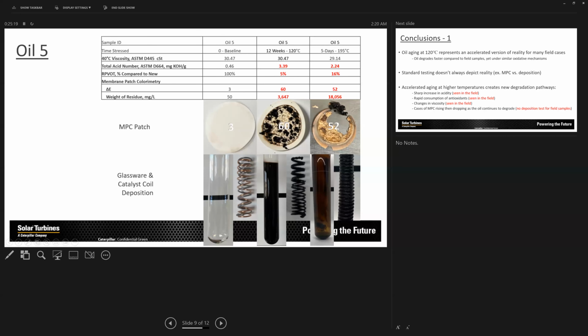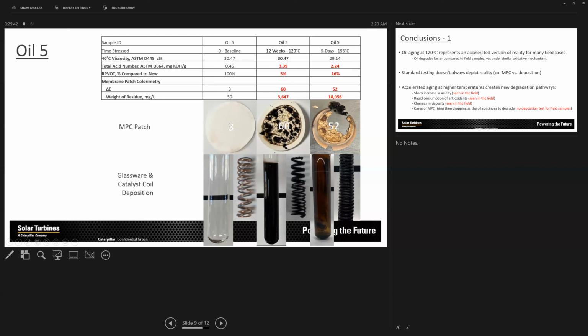But even more impressively, the amount of deposition that we see on the actual glassware and the catalyst itself actually tell us a pretty good story and correlate with the odd MPC patches that we see in this case.